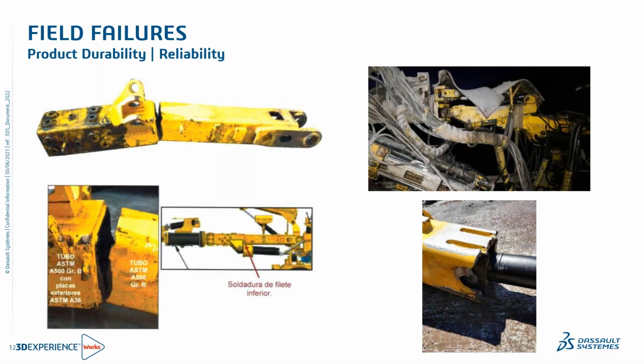Here are some examples of the actual machine where you can see the areas where failures happened after a certain time due to the cyclic loading. Due to this, they are losing a lot of revenue providing for the customers they are serving. They provide a particular period of warranty, but within the warranty period the product starts failing at certain locations.